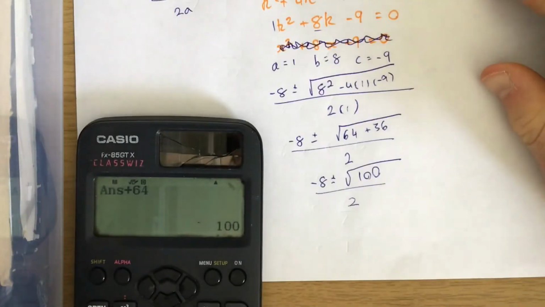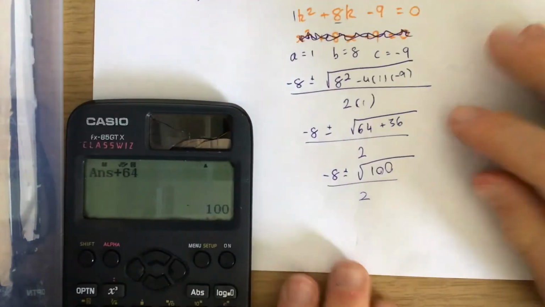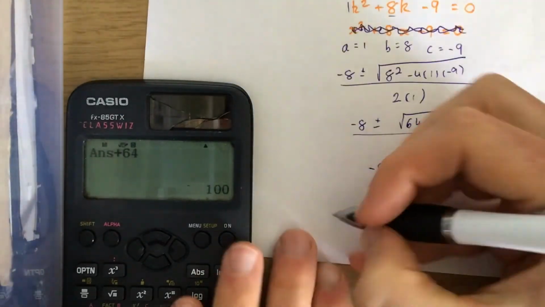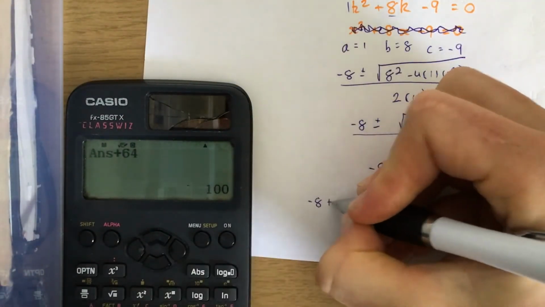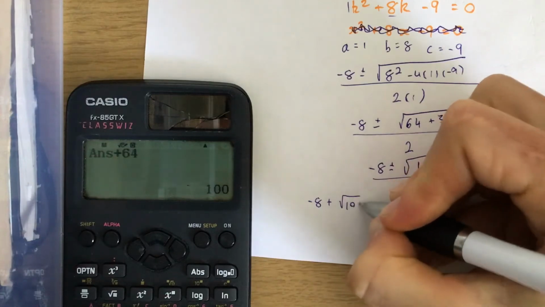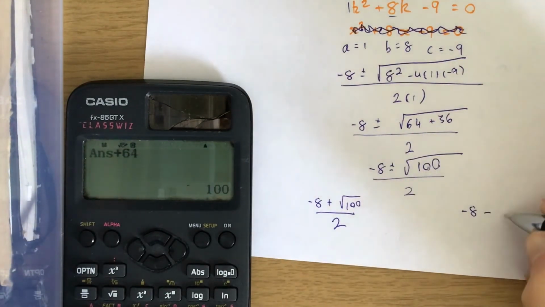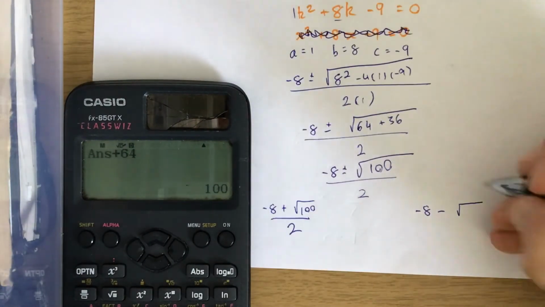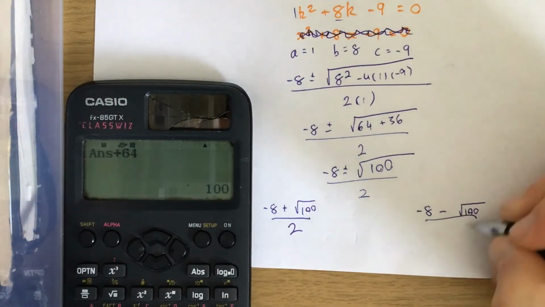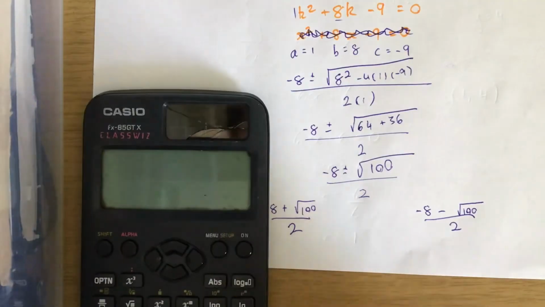And now I would split it up into two separate ones. So one of them is going to be minus 8 plus the square root of 100 over 2. The other one is going to be minus 8 minus root 100 over 2. And we'll type both of these into your calculator.